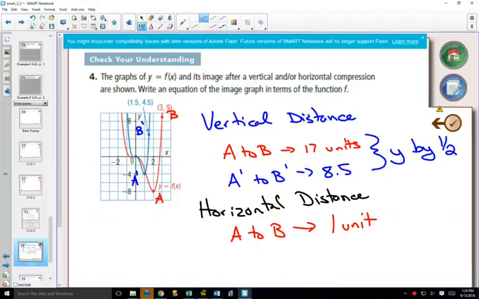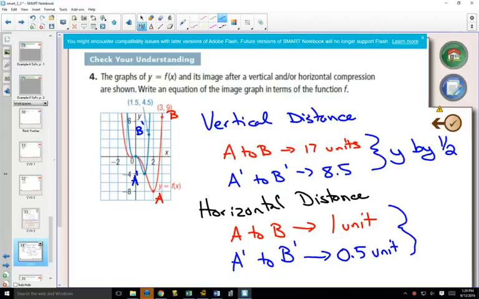And then if we look at the image graph, how far is it from A prime to B prime? Now it's a half a unit. So what has happened? Wow, that's an ugly squiggle bracket. I'm sorry about that. The x has been multiplied also by 1/2.